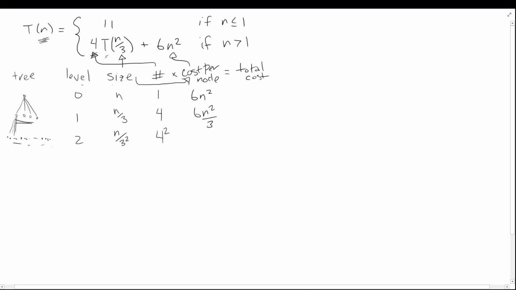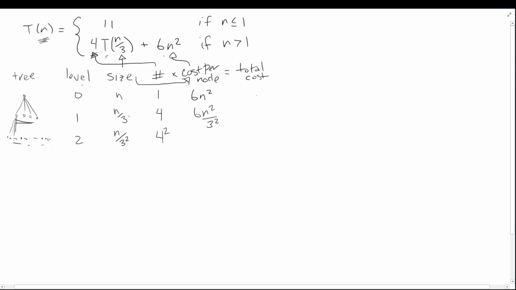How am I being sloppy? Maybe see if you can see my mistake as well. I need to plug my n over 3 into this function of n, but that n is squared here, which means the 3 here needs to be squared as well. And maybe I'll leave it like that. Who knows what's going to be helpful in my pattern and what won't. I'm going to leave it like this.